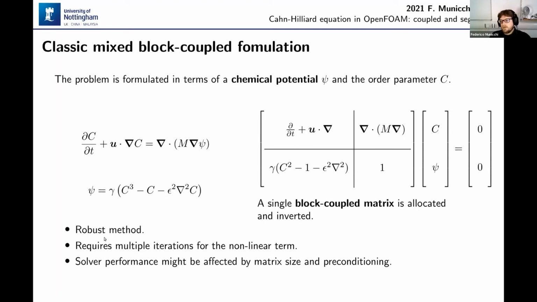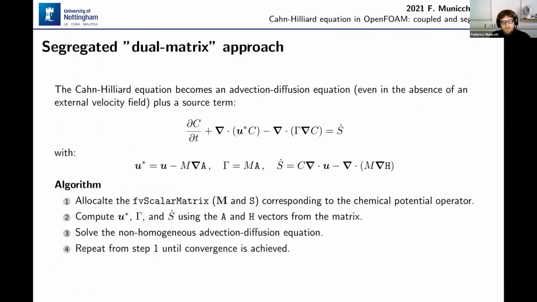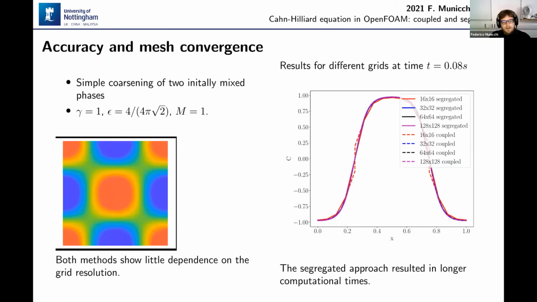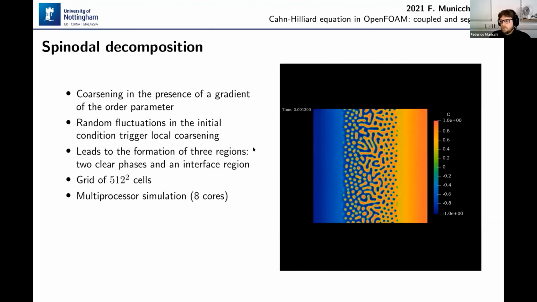So when all the residuals are satisfied, then I stop. It depends also on the mesh size. For the case with the finest mesh, I needed around 100 iterations to get convergence, with all the residuals below 10 to the minus 5. And in this one, I needed less, around 30, 40.